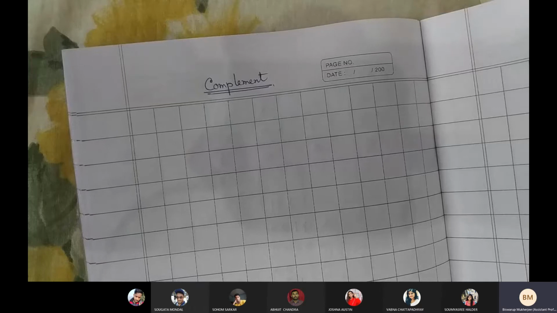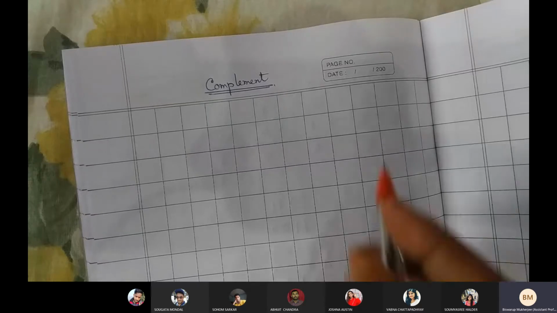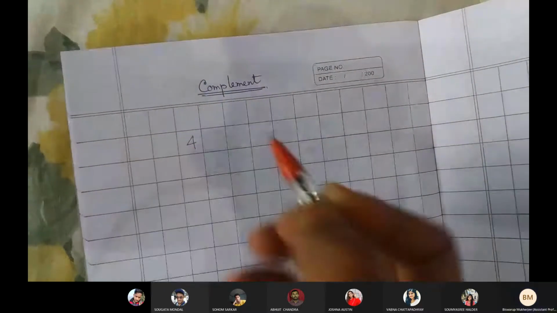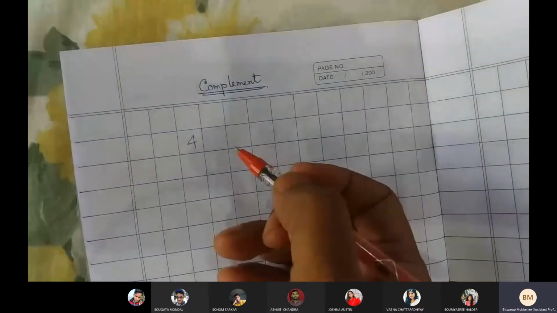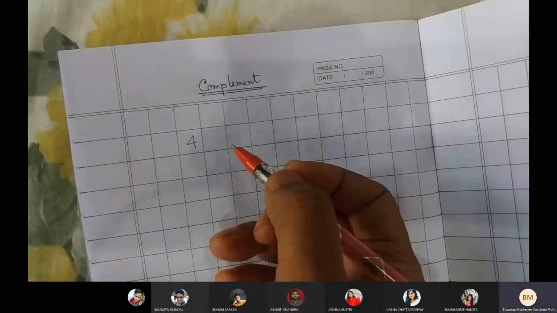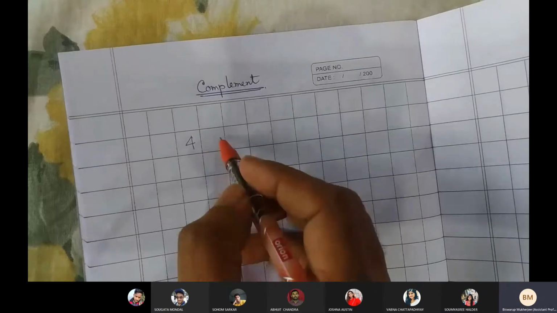Let us start with a decimal number. So suppose we are having a complement, something like one number is 4, okay, a single digit number. So its complement is, how can we get that one?